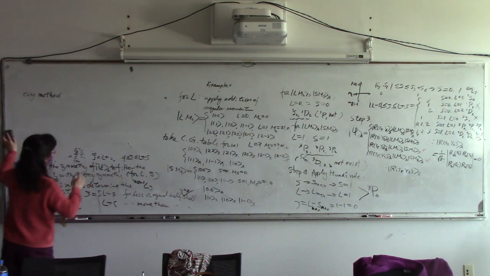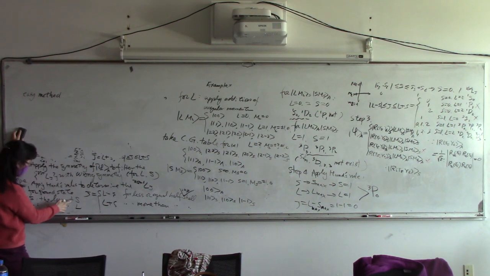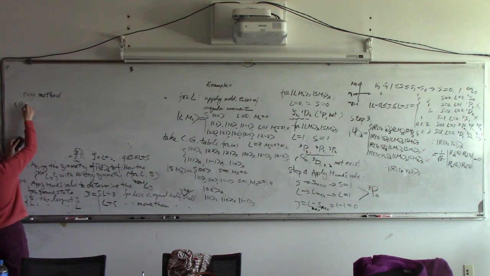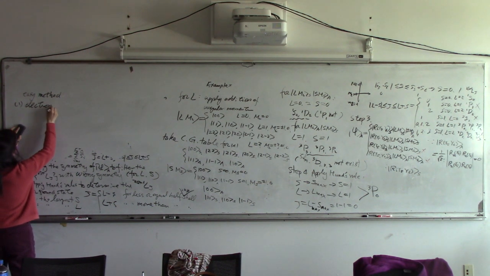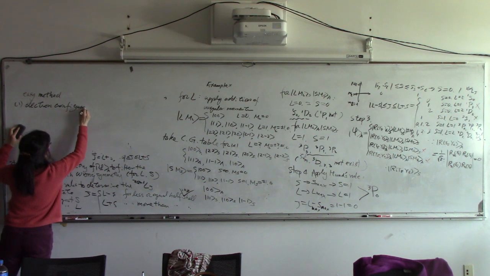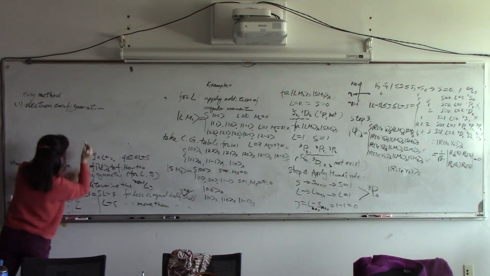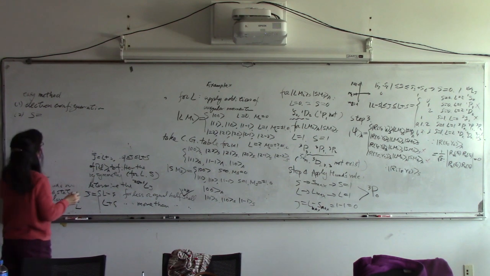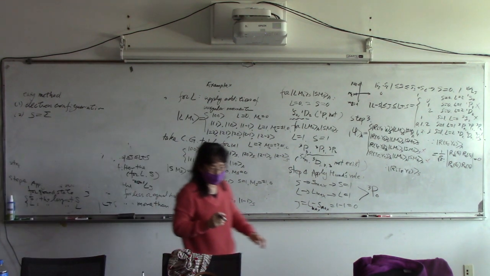So here, the goal is to determine L and S, right? Now let's first find the electron configuration. Once we have this, for S, we immediately go to the S. S equals the sum over, now let me give you the formula.